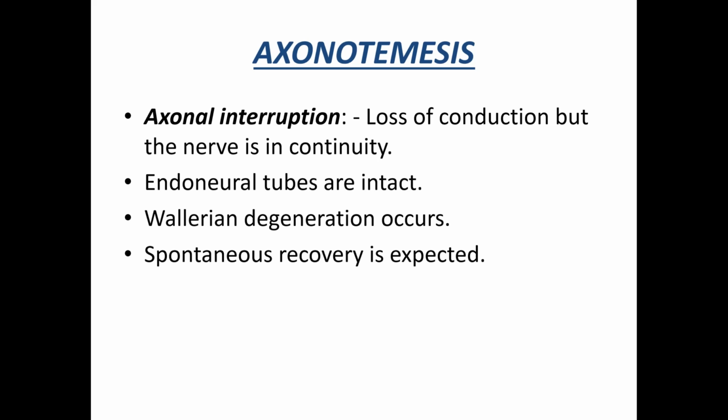Because the endoneural tubes are intact, the recovery is possible on its own, but it will take some time because the axons and myelin sheath have become damaged. They start recovering from the site of injury, and this recovery usually takes about 1 millimeter per day. So this recovery generally takes time.